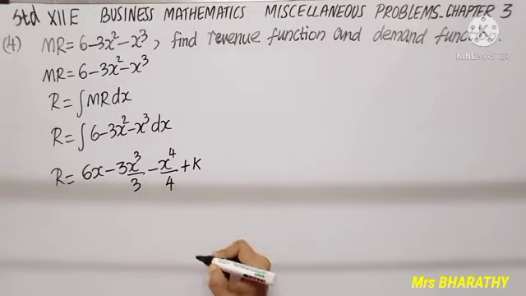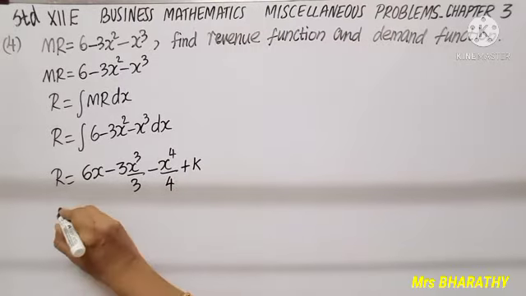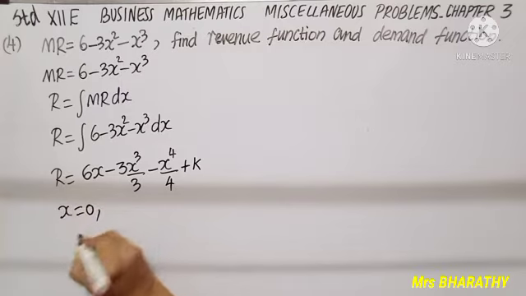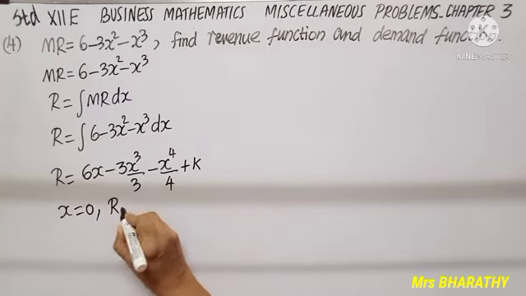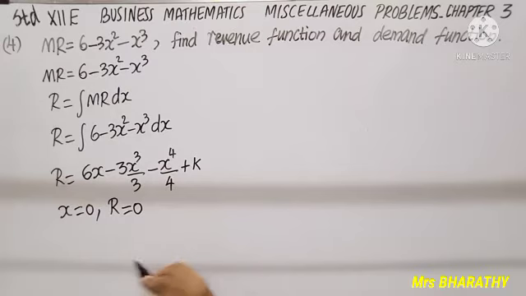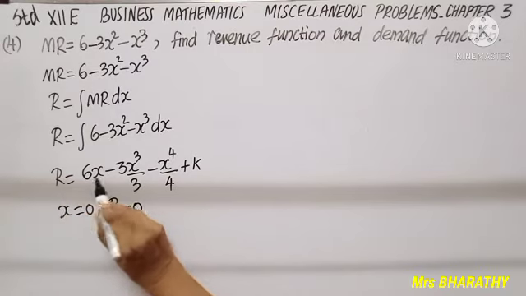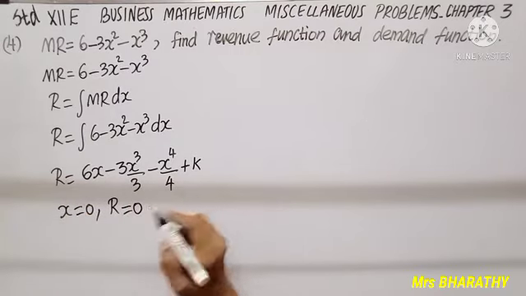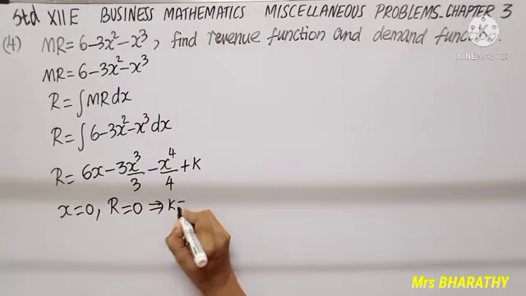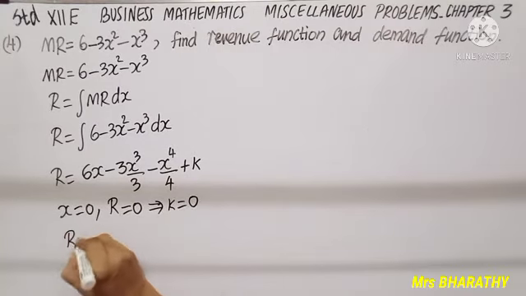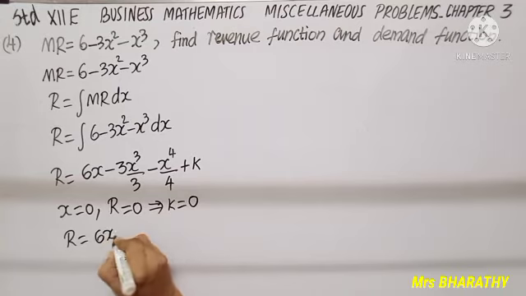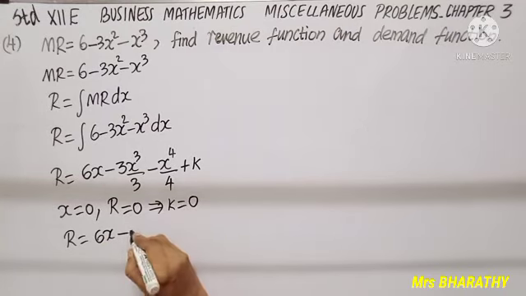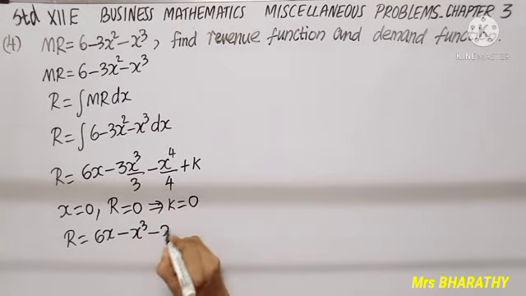Introduce a constant, that is k. If x is 0, output 0 tells me revenue 0. As I put 0, 0, 0, 0, k also becomes 0. So revenue is 6x minus, as I cancel 3, x cube minus x power 4 by 4.